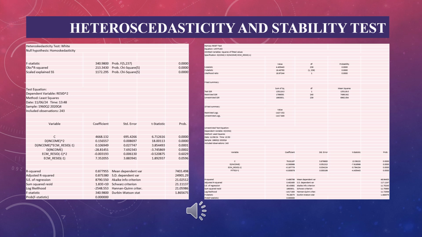The speed of adjustment is 8.2% per quarter, and the consumption-income relation is stable. Any short-term deviation from equilibrium is corrected over time.